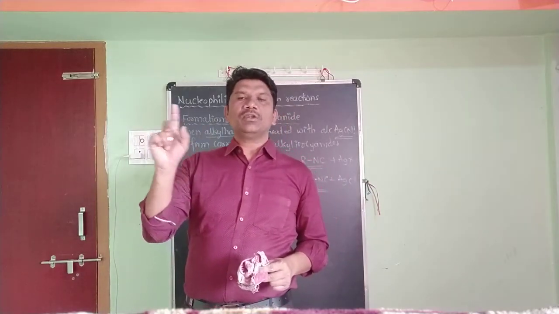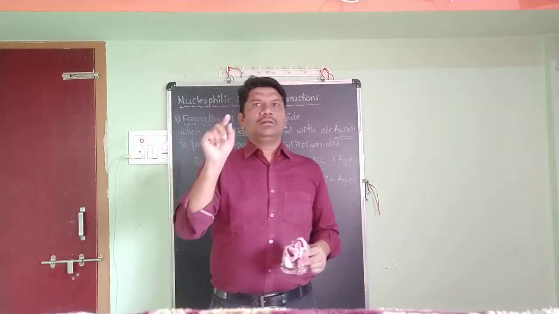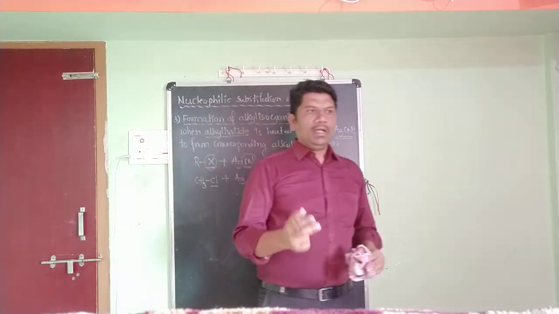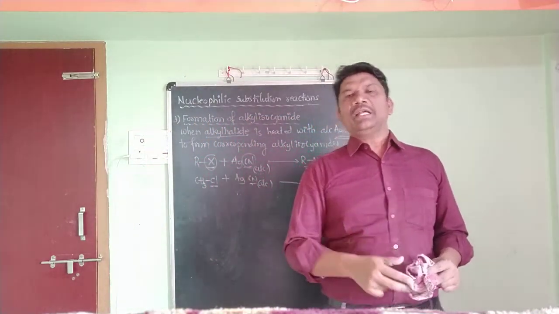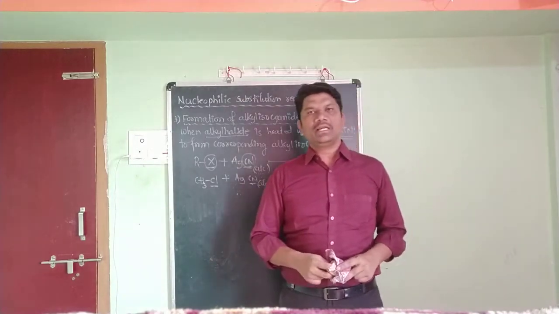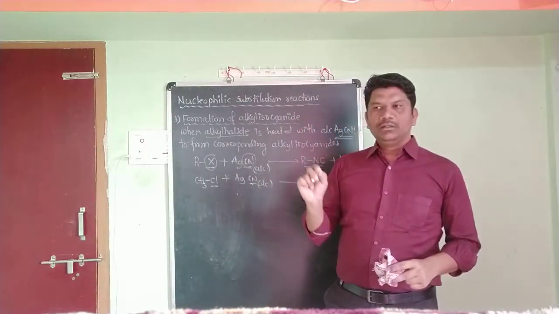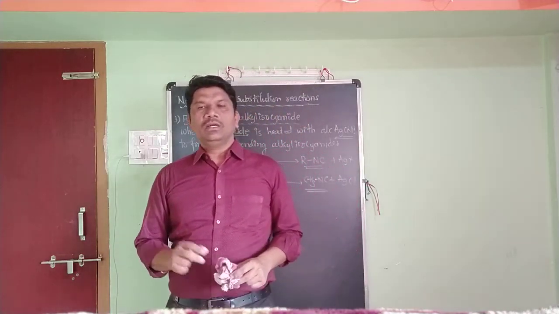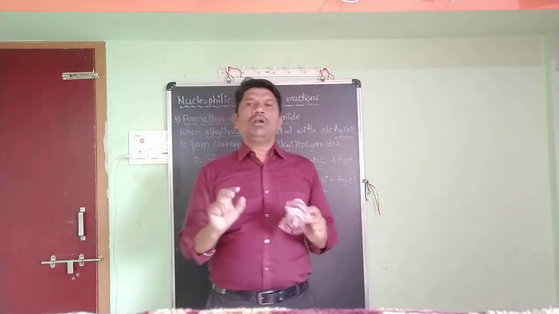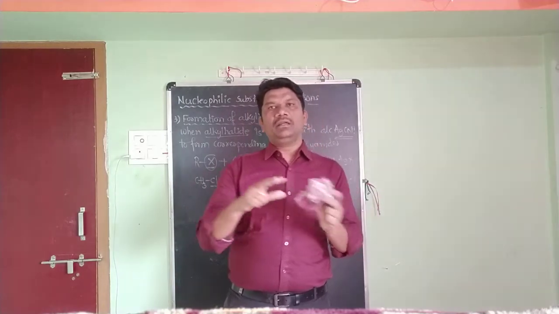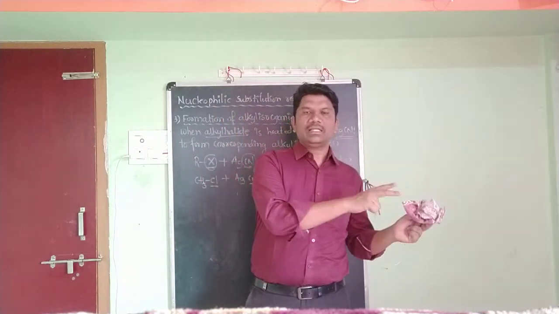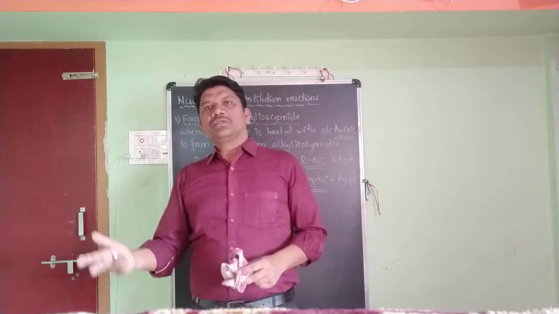Therefore, the bond between R and C will take place. And when silver cyanide is used, the nitrogen is the donor atom. Here, the bonding is between R and N. Therefore, we get different compounds: alkyl cyanides and alkyl isocyanides.